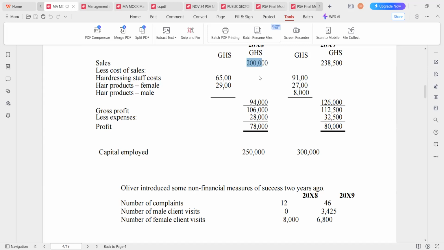So what will be the price I charge for female? $25. So the price will be 25 cedis. So we'll take that.